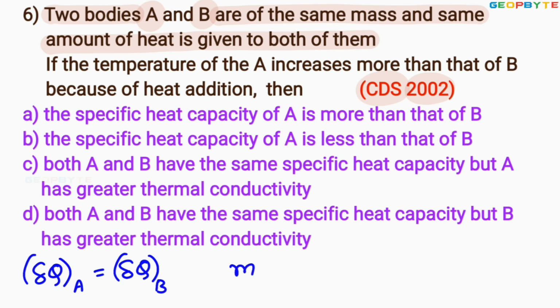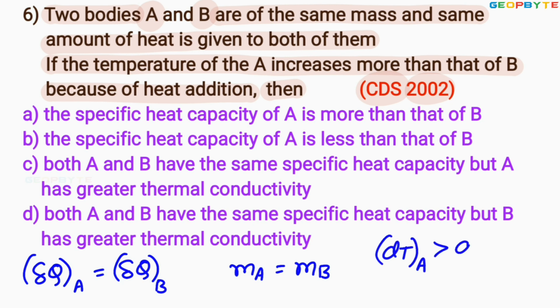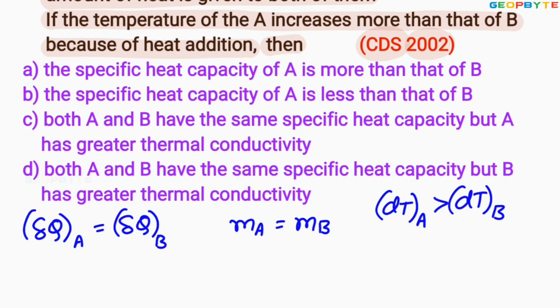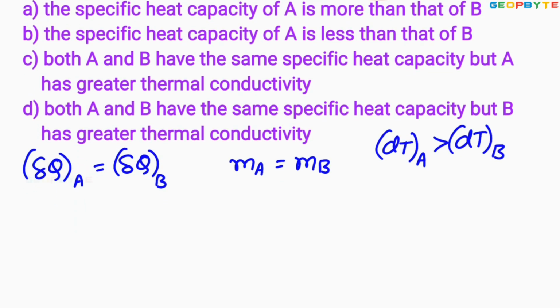Other condition, mass of A equal to mass of B. If the temperature of A increases more than that of B because of the heat addition, then it is given that the change in temperature of A is greater than that of B. You are asked to find what is the reason to happen more temperature rise in the body A.